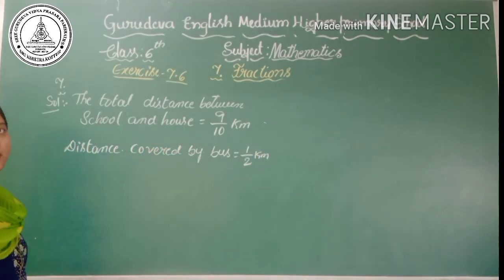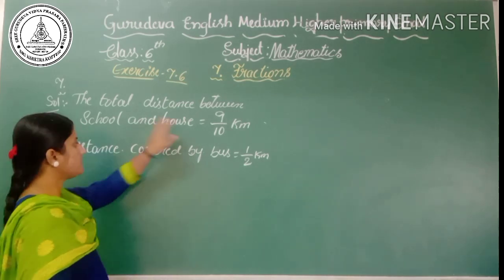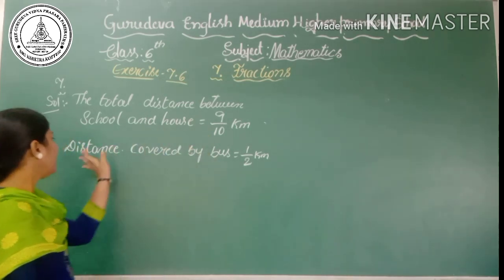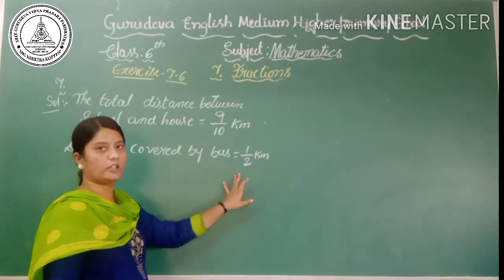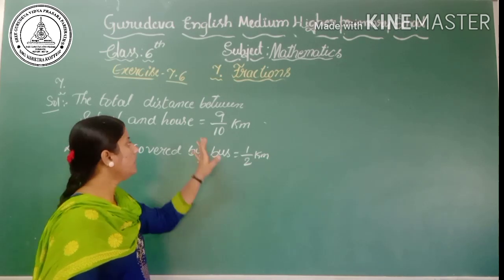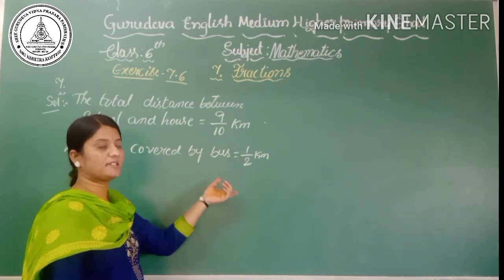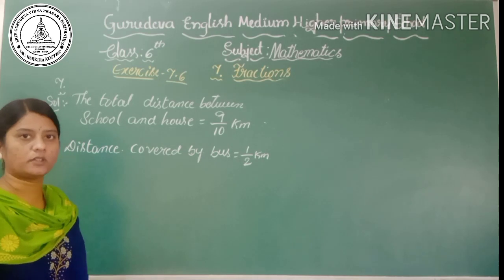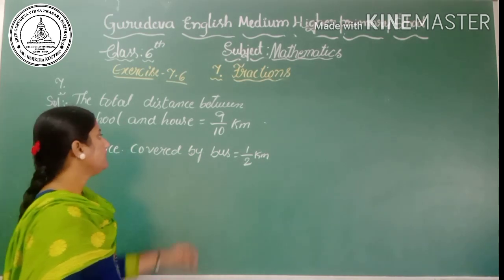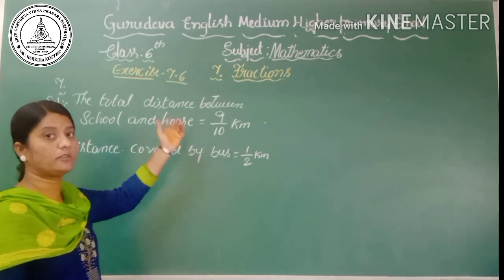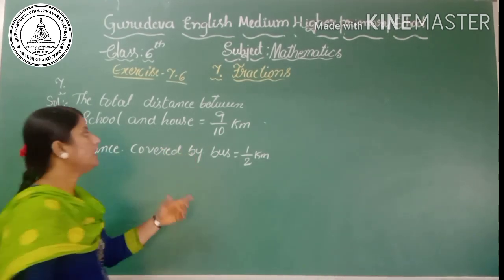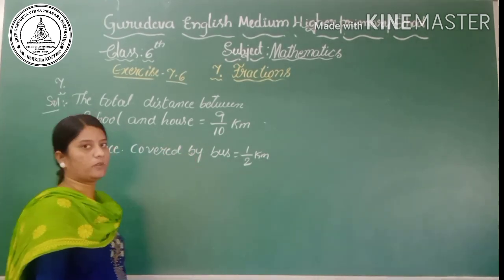Alright. What we have to find out? So the total distance is 9 by 10 kilometer and she covered a distance of half kilometer by the bus. So the remaining distance is covered by walking. Right. So what we have to do? The remaining distance means we have to subtract. Right. The remaining distance covered by walk. Yes.